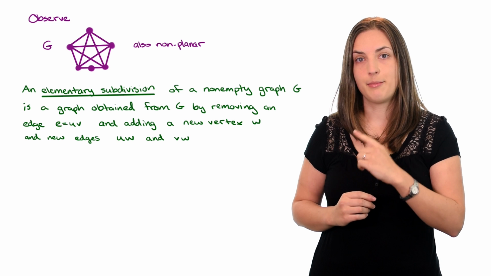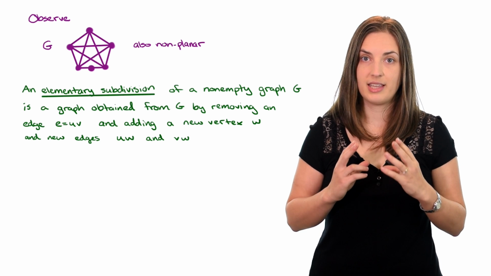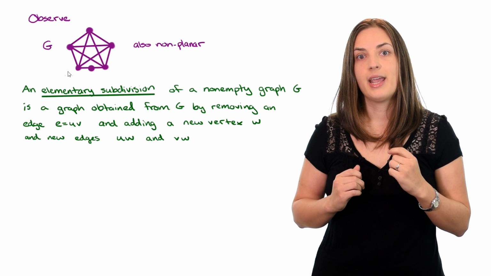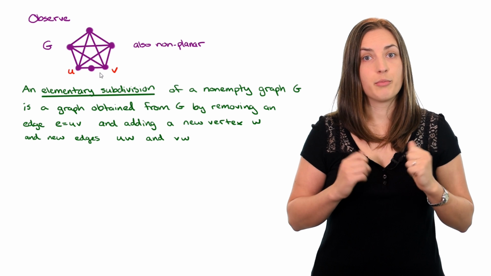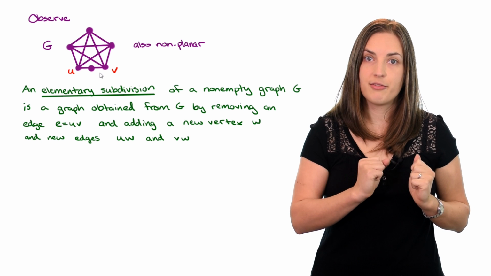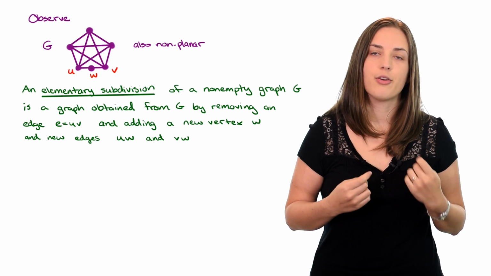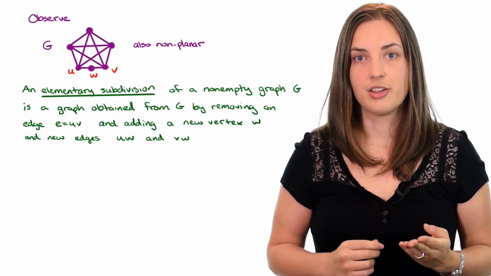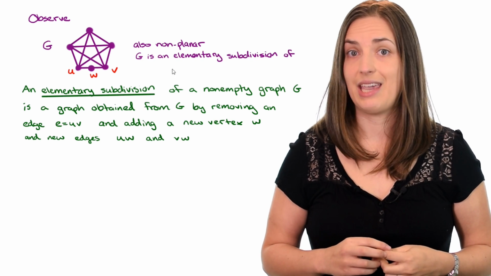If we look at the example graph in purple, we can think of this as having started off as K5, and then we have the edge uv as marked in red, and we've removed that edge, instead put in a vertex w and replaced it with edges going from u to w and also from v to w. So in particular, this graph G is an elementary subdivision of K5.